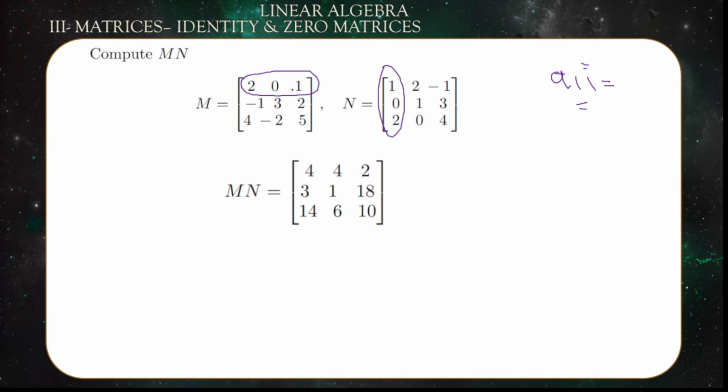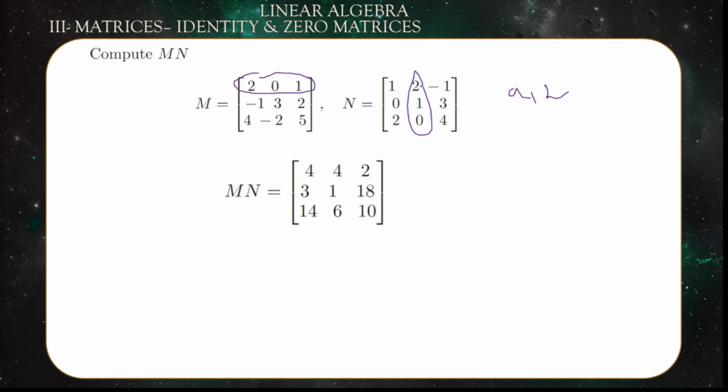Equal to 2 times 1 plus 0 times 0, which is 0, plus 1 times 2, equal 4, and it needs to sit where? At the first row, first column, which is here. Then first row, second column, the element would be A12.